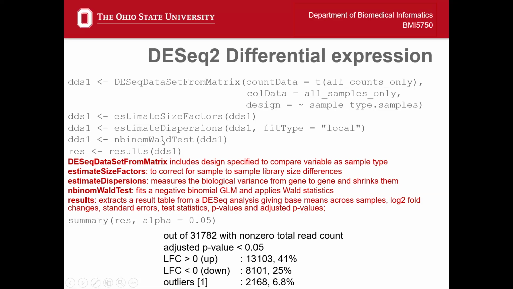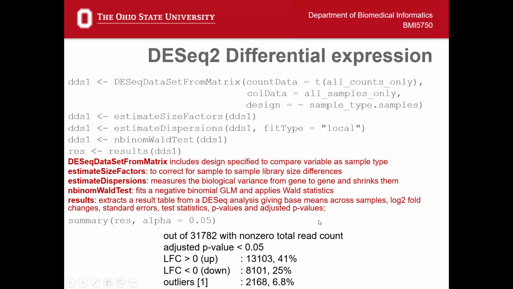Negative binomial Wald test. And then results simply pulls the results out of our DESeq2 object. So up till now, this dds1 is a sort of complicated DESeq2 object. But then we pull out the results, save it in a table.